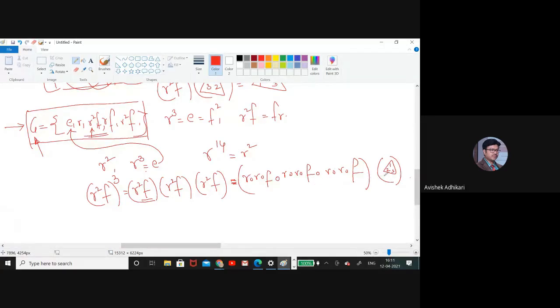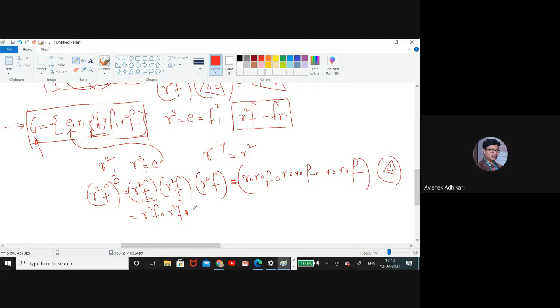Since you are applying this r and f on a triangle, ultimately you will end up with some rotation or flip of it. How to prove this? The proof is also very easy. You have to remember this relation; now you will understand why this relation is so important. Here you have r square f composition r square f composition.